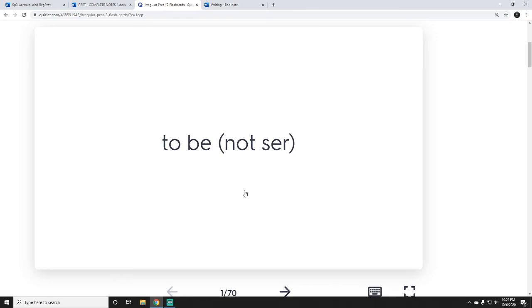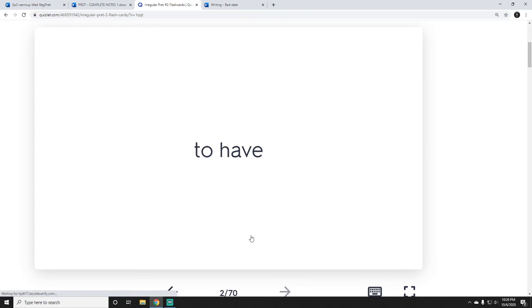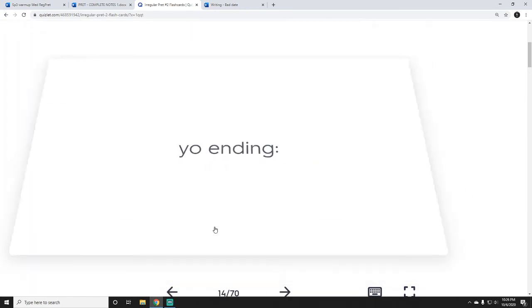So for example, to be, not ser, is estar, which turns into estuve. To have, we already know it's tener. What does it turn into? Tuve. To walk, andar, anduve. So it's got all of your words here. And then after that, it's got your endings.